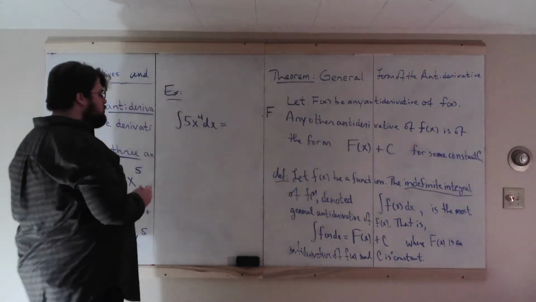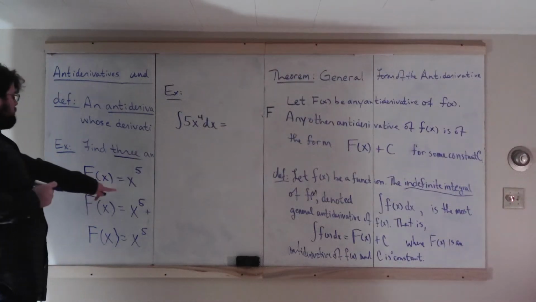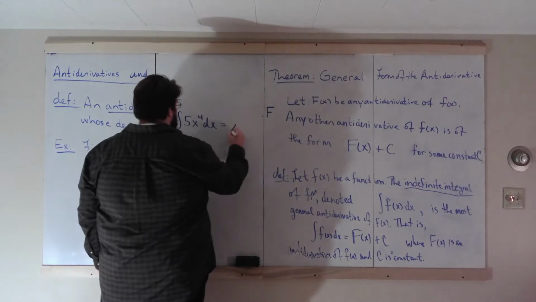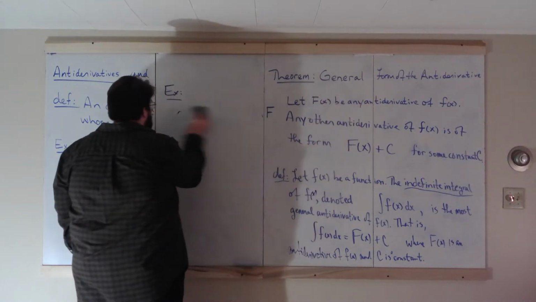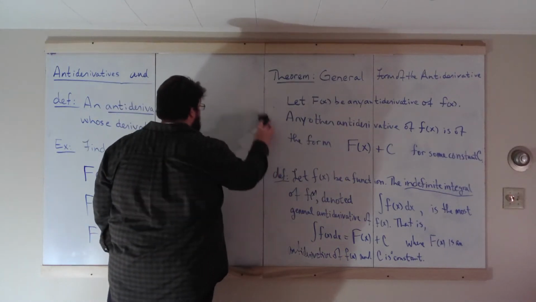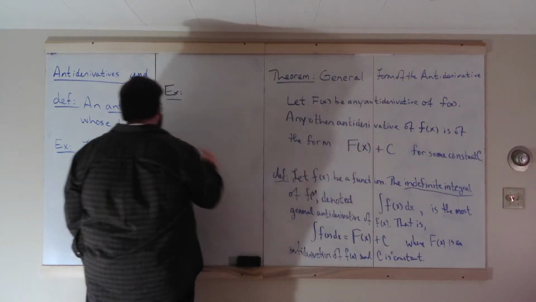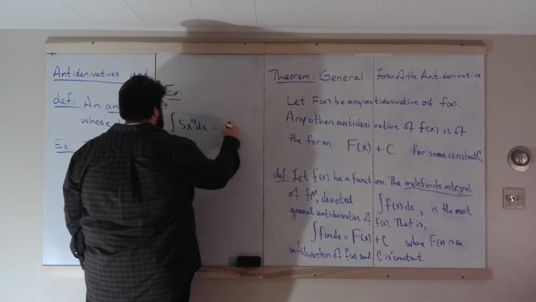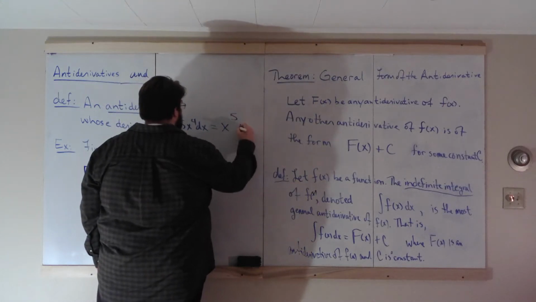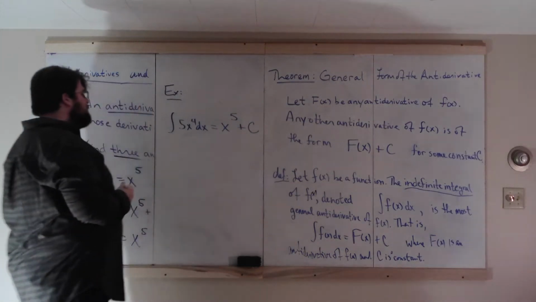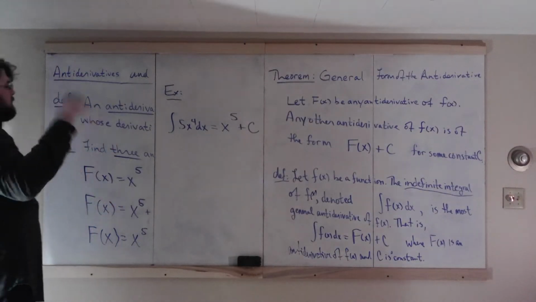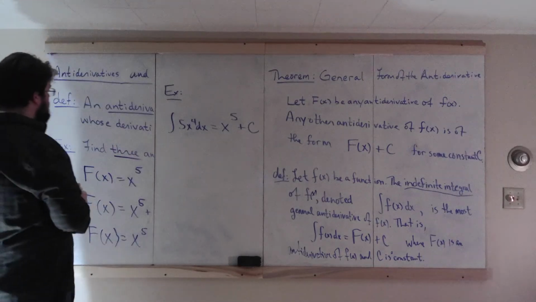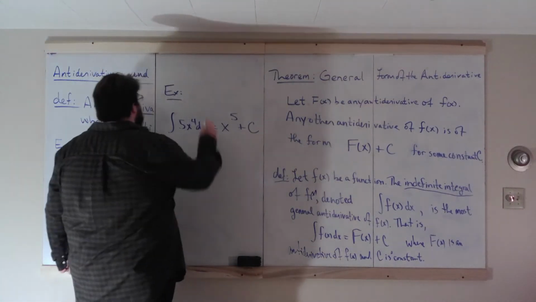Well, we want the most general antiderivative. x to the fifth is an antiderivative, so the most general antiderivative is x to the fifth plus c. And you don't have to say where c is a constant or for some constant. That's standard enough that you can just say plus c.